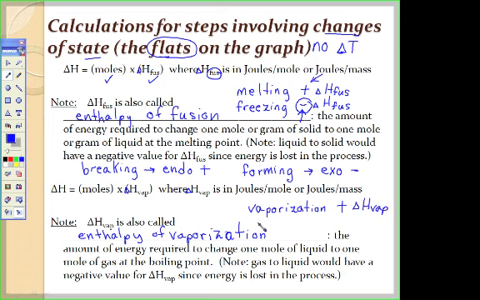If you're condensing, for condensation, you're forming intermolecular forces, which means energy is released, and you're going to have to provide that negative sign for the delta H of vaporization.